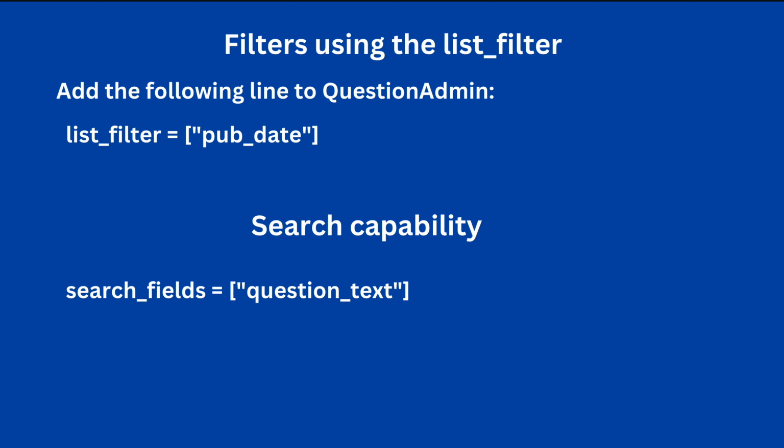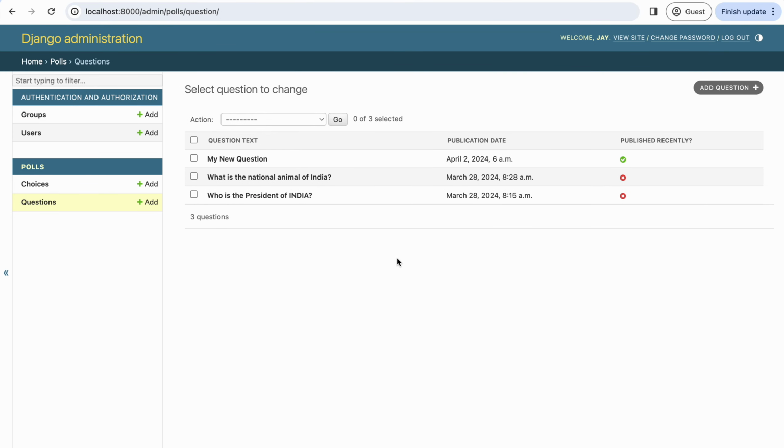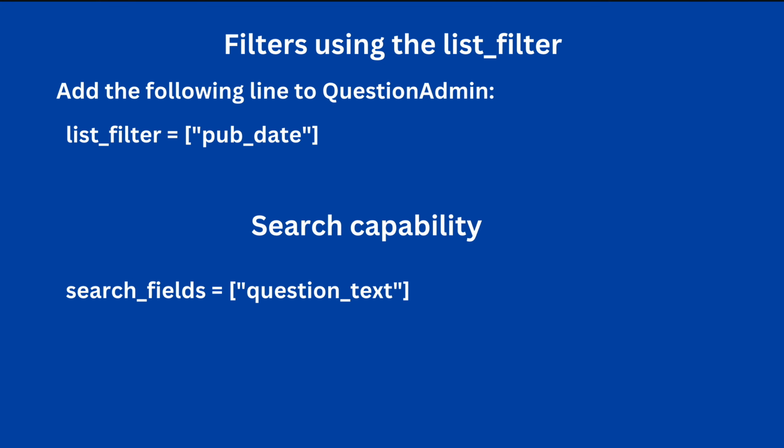Now, two important things here. I have lots of records. Suppose there are chances that I have lots of records. So I can put some filters. Here you see list filter.